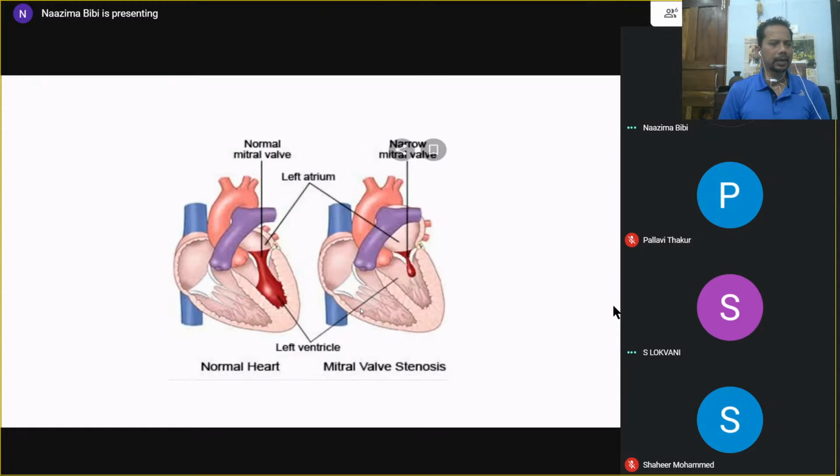And why does that happen? Anybody in the crowd? Why right sided murmurs will increase, or do you not agree with Nazima and you think left heart murmurs will increase on deep inspiration? During inspiration, due to negative intrathoracic pressure, there is increased venous return. Very good. There is increased flow of blood across the valve.